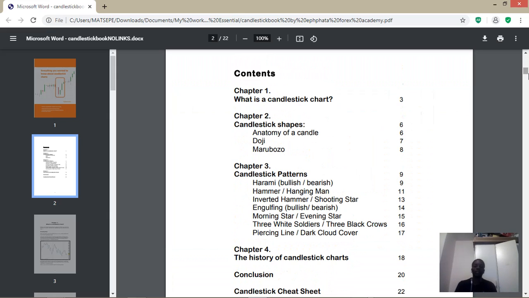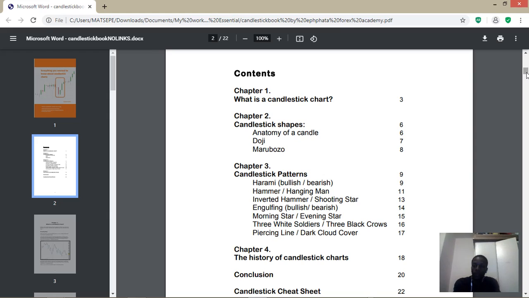Before we start, we have to look at our content. Our content contains a few little written chapters. We have 3 chapters.